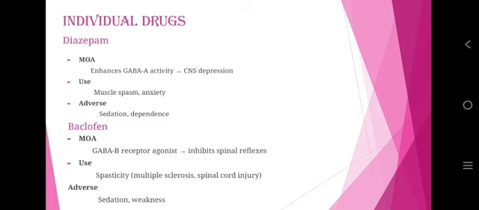Diazepam acts on GABA A, and baclofen acts on GABA B. Baclofen acts as a GABA B receptor agonist, which leads to the inhibition of spinal reflexes. The use of baclofen is that it reduces spasm at the time of spinal cord injury. Adverse effects: baclofen also causes sedation, and a little bit of weakness as well.